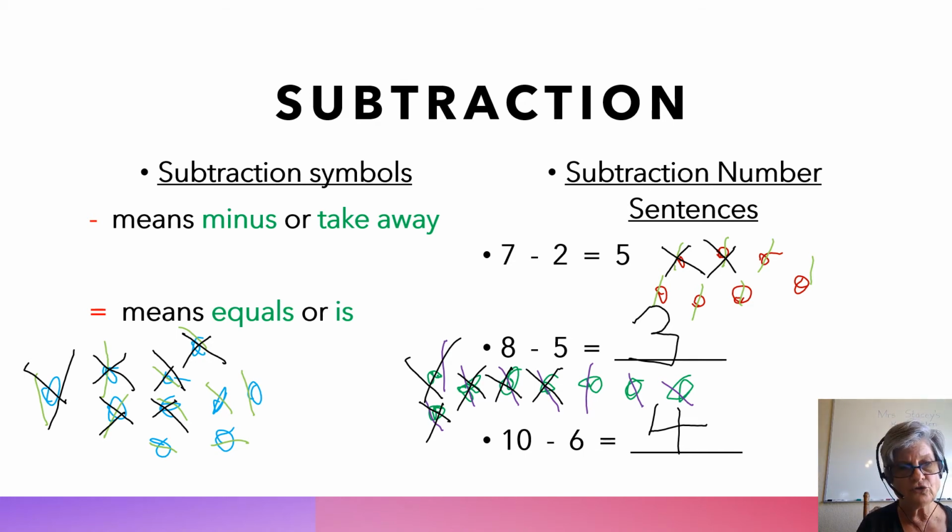And I put a green line through each circle to know I counted 10. Then I put a black X on 6. 1, 2, 3, 4, 5, 6. And I counted how many were left over, and I had 4. So 10 minus 6 equals 4.